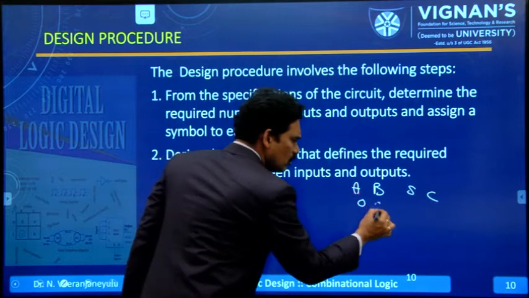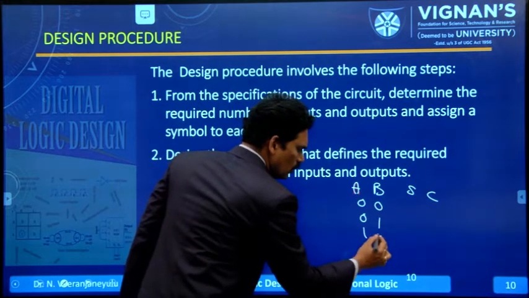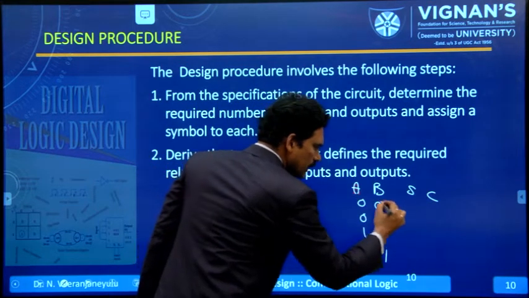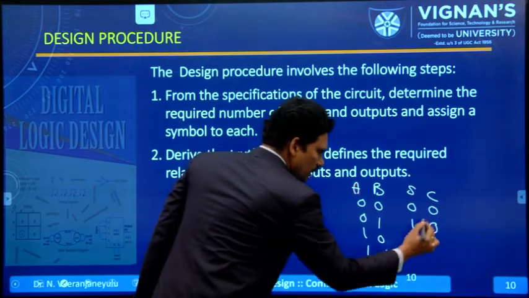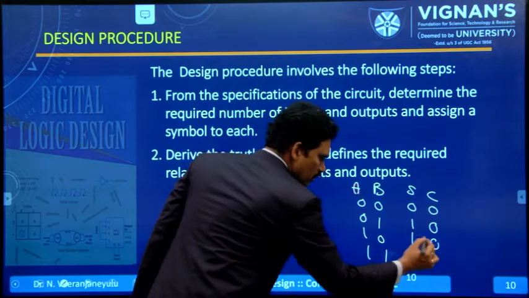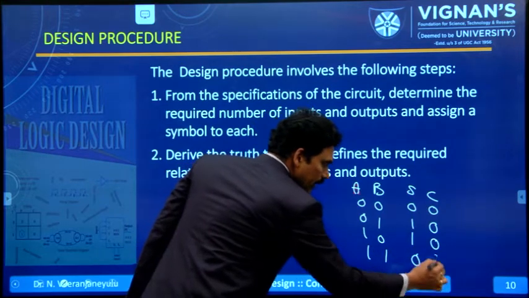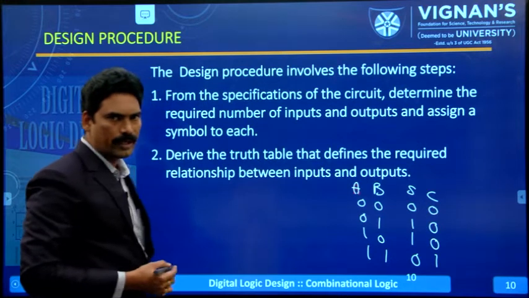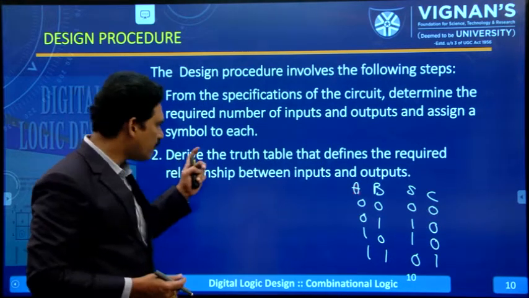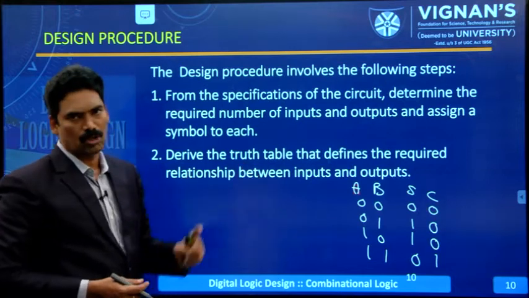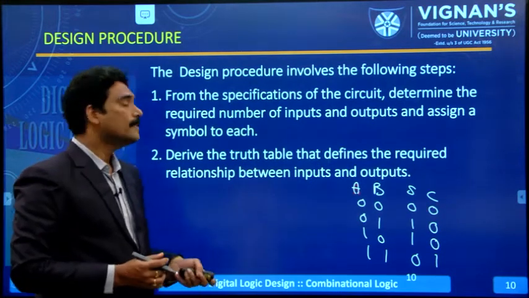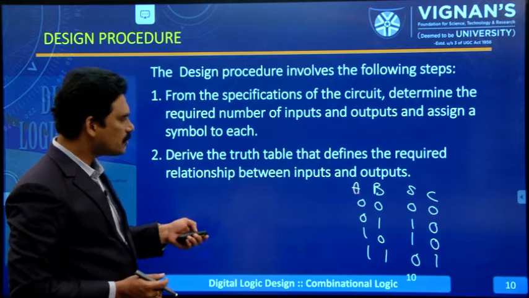AB is 00, 01, 10, 11. The combinations are: S is 0, carry is 0; S is 1, carry is 0; and for 1 1 the sum is 0 and carry is 1. This is the truth table. We have to identify this, deriving the truth table that defines the required relationship between inputs and outputs. Now, what is the next one?